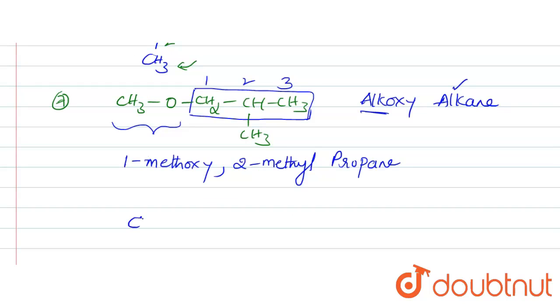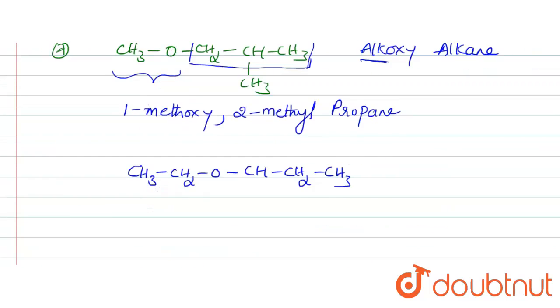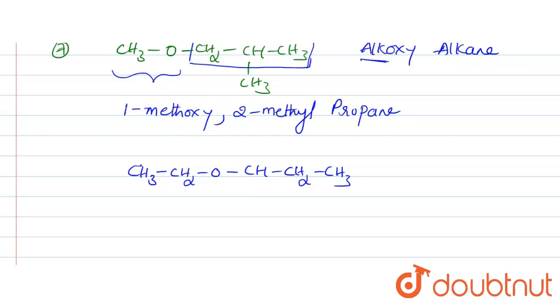Next compound, so this is the next compound for the nomenclature. In the same way, it is also unsymmetrical ether. That's why we have to select the longest carbon chain. It is my longest carbon chain, 1, 2, 3, 4.